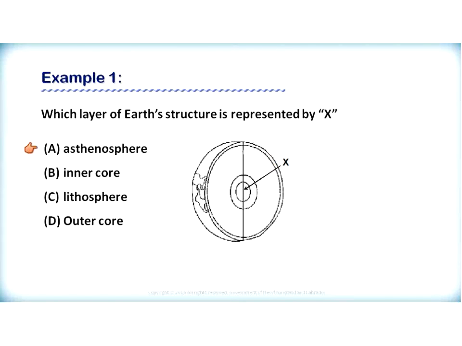Our choices would be A, asthenosphere, B, inner core, C, lithosphere, or D, outer core. By looking at the diagram here and the explanation that was just provided, the inner core represents the innermost layer of Earth. So in this case, our answer would be B.